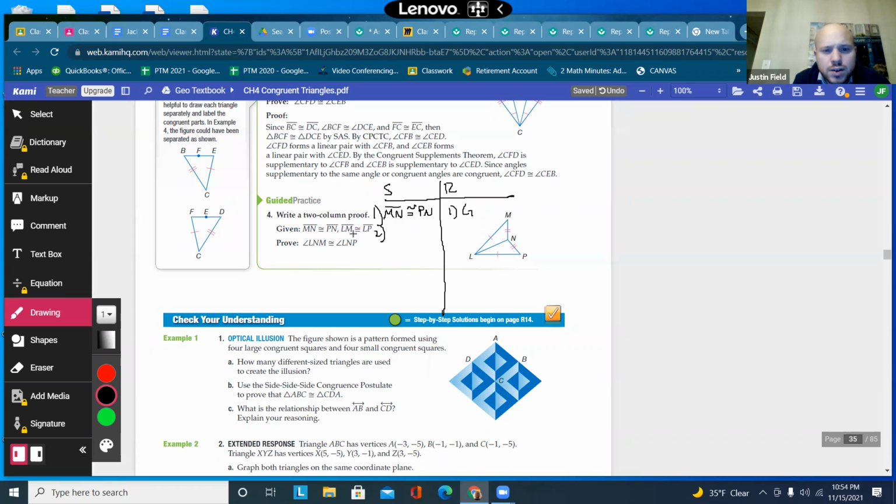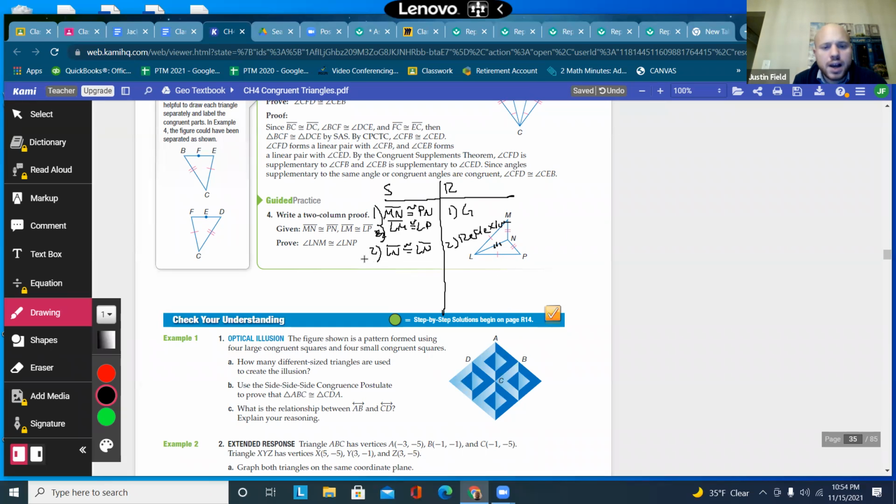And then also LM and LP. Okay, so that's all given. So then we can say LN is congruent to itself. Don't let a proof go by without including the reflexive property. Right?